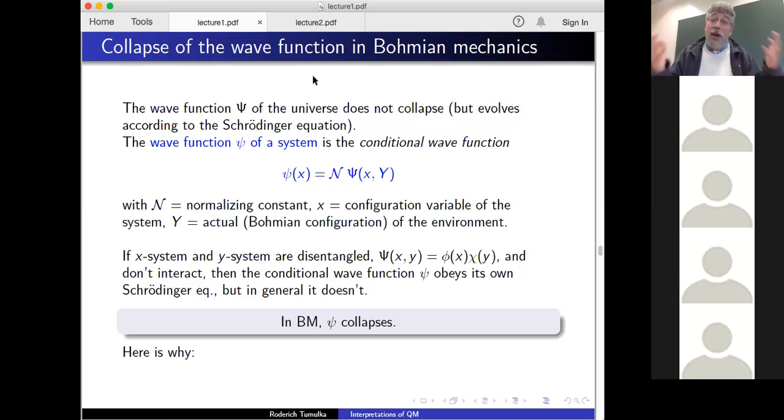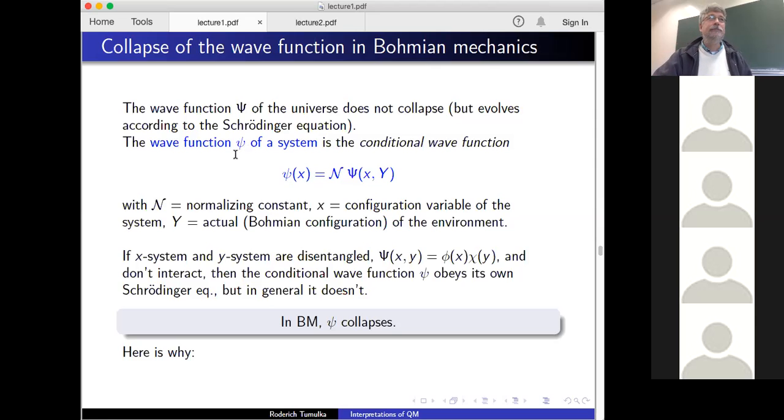So that would be the wave function of the universe. So here on my slide, I write it as capital psi. So here's a capital psi, and here's an uppercase psi, and here's a lowercase psi. Okay, so the uppercase psi is the wave function of the universe. It doesn't collapse. But actually, when we talk about wave functions, usually we mean the wave function of a system.